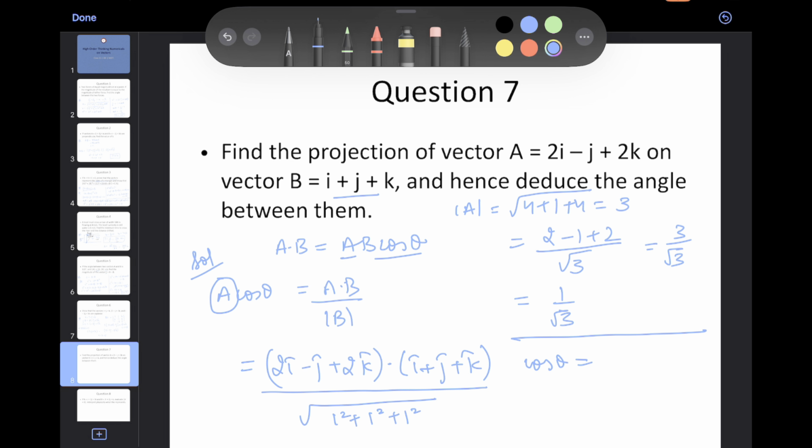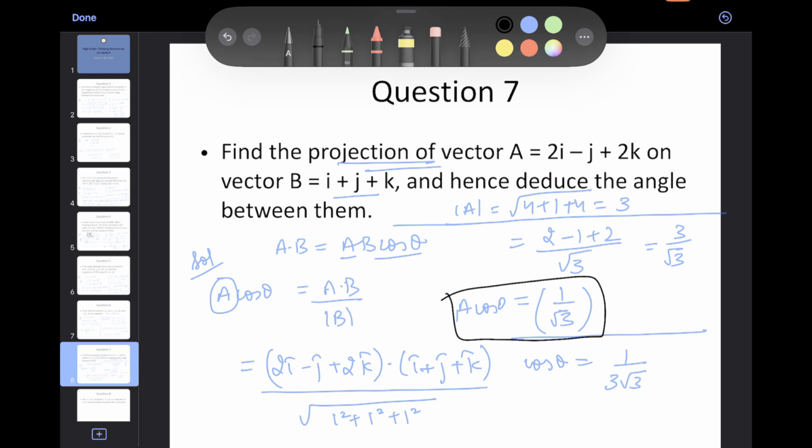So it is 1 upon 3 root 3. You have to divide this 1 by root 3 by this, because this is A cos theta. So first they have asked the projection, which is this A cos theta. This is the projection. And then they ask to find the angle between them. So this is the angle between them.